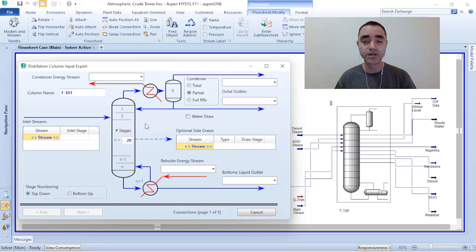add to the total number of stages in this section here the stage of equilibrium related to the reboiler, and does not add the stage of equilibrium related to the condenser.